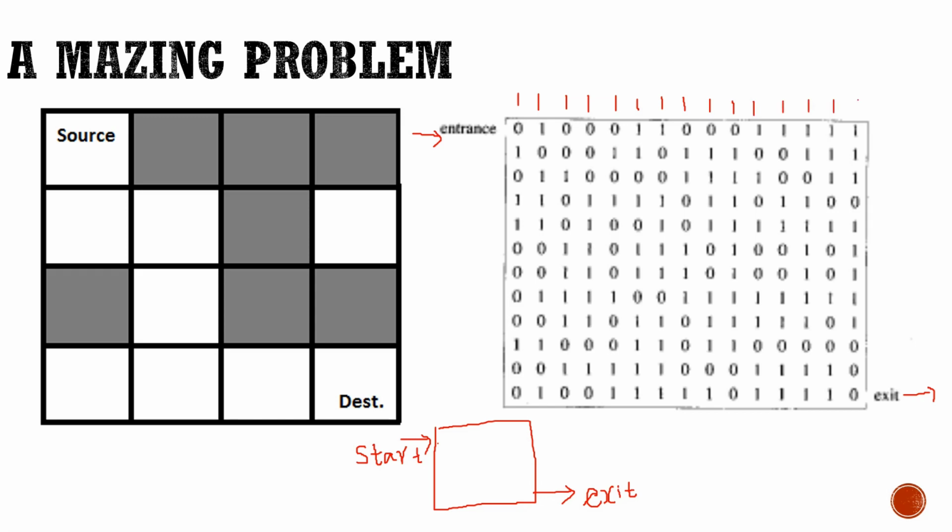These are the hurdles for the top row, these are the hurdles for the right end, and in the same way we can have the hurdles for the bottom row and the left column. So you can have the hurdles in all four directions so that our tracing won't cross the boundary.